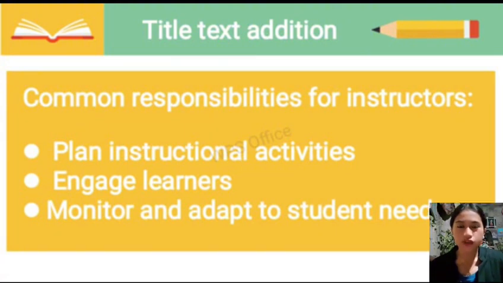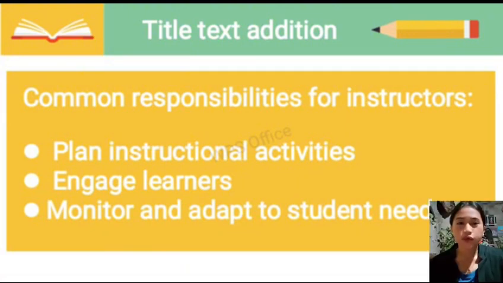Engage learners. An instructor plays a key role in motivating learners, creating interest in the subject, and making a good learning environment. They do this by using interactive teaching techniques, connecting the material to real life, and promoting a classroom atmosphere where everyone works together.